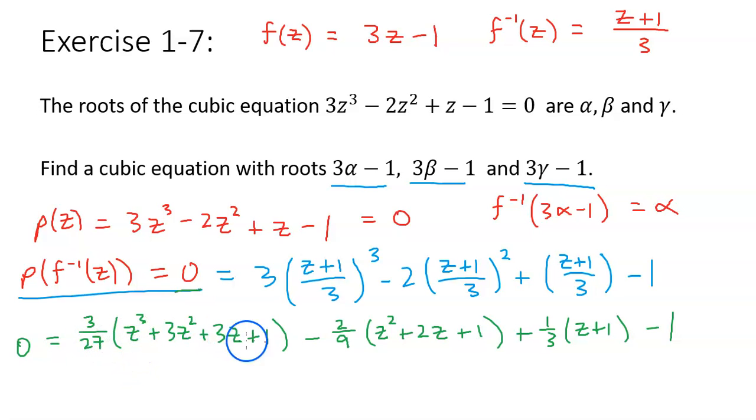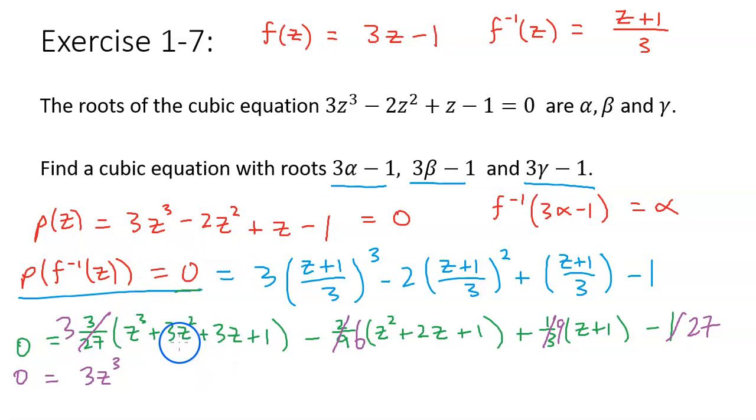Now let's multiply both sides by 27 just for convenience. So this is going to become 3. This is going to become 6. This is going to become 9. And this is going to become 27. Then we have 0 is equal to 3z cubed, and there are no other z cubes.